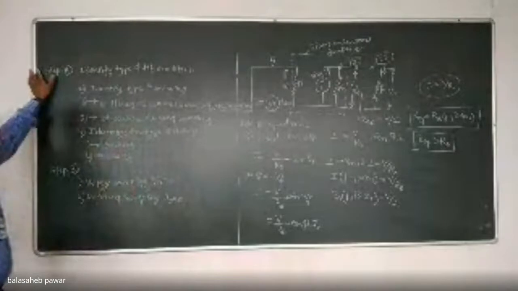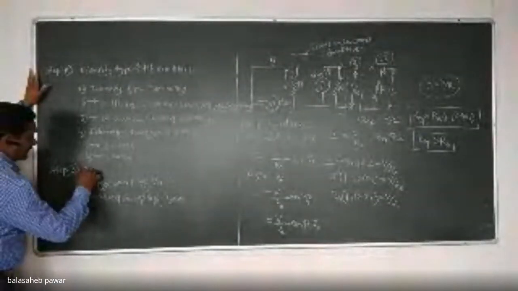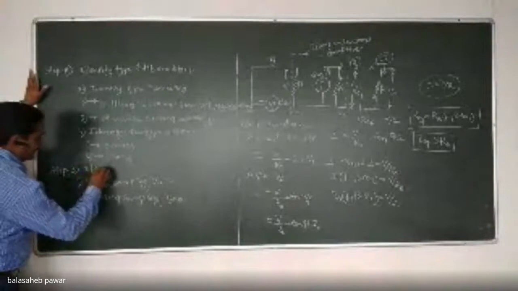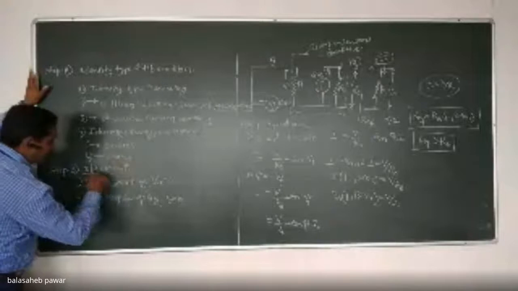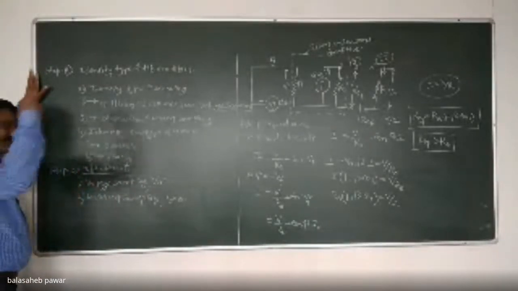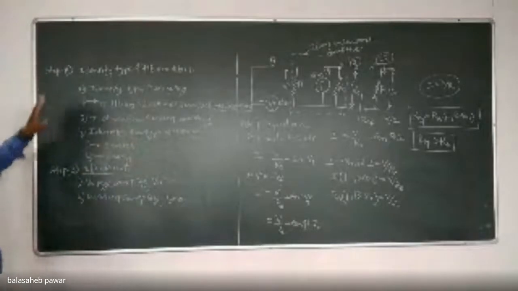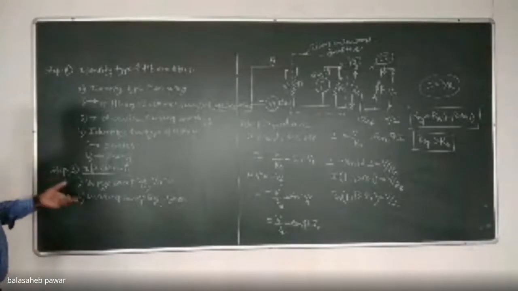Now you will observe, as our step B is to draw the input circuit, what are we considering? We are considering the type of sampling. There might be some confusion, but you have to remember it. To draw the input circuit, you have to consider the type of sampling.